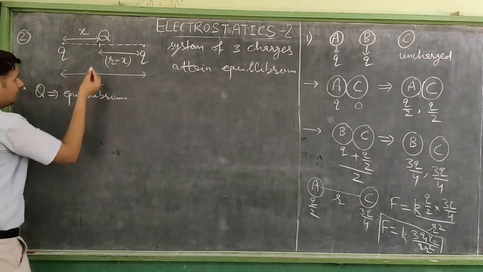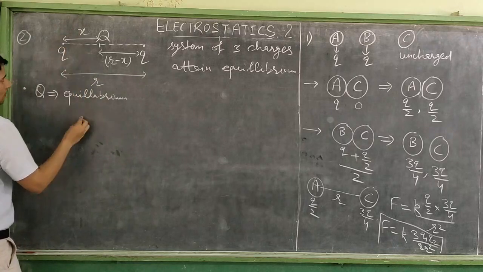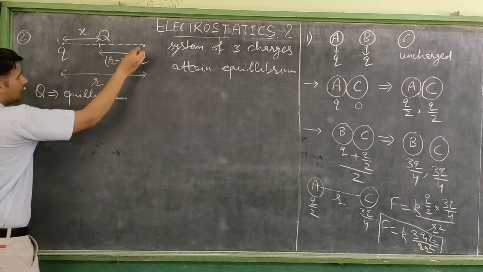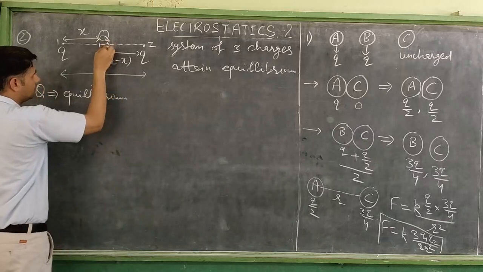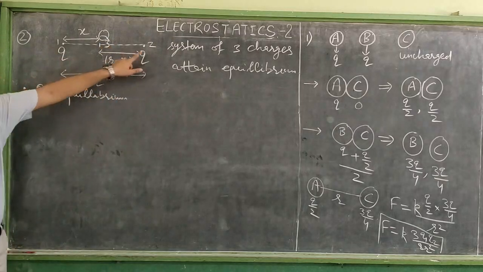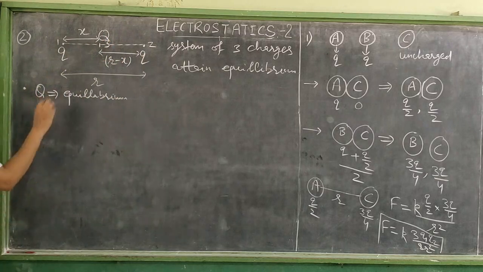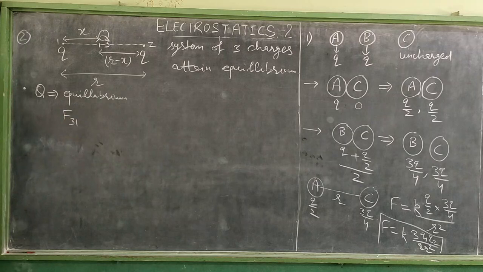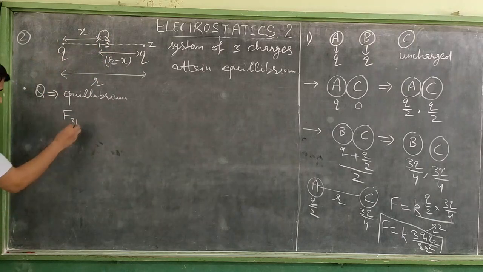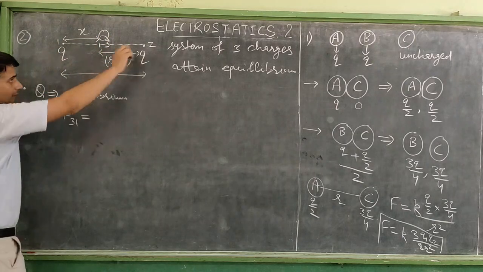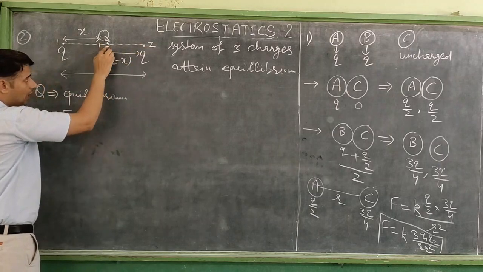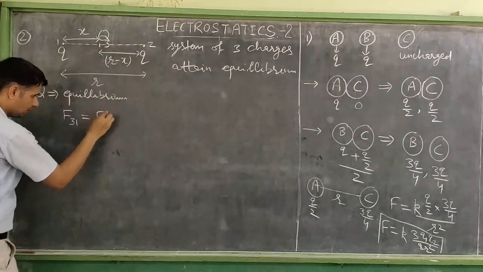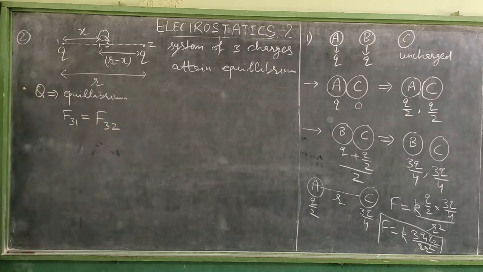Let me number them: first charge, second charge, third charge. The condition I am going to use is that F31, the force on the third due to the first, must be equal in magnitude to the force on the third due to the second. So F31 should be equal to F32.